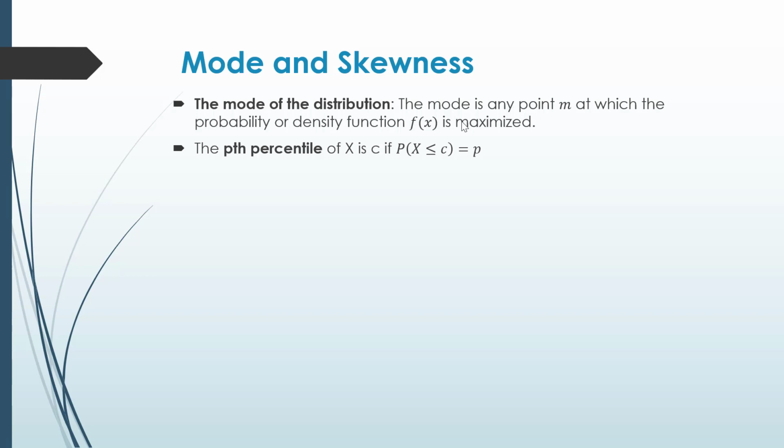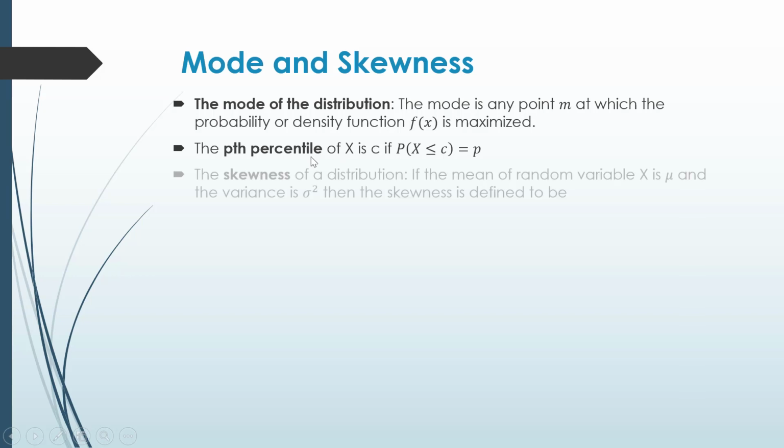So if c is the p percentile of x, then the probability that x is less than or equal to c is p. We might have one question about percentile on the exam. We might have it or not, but usually we have a maximum of one question about percentile on the exam. You're not going to have 2 questions related to this.